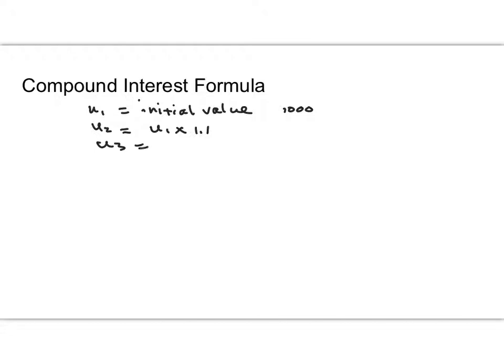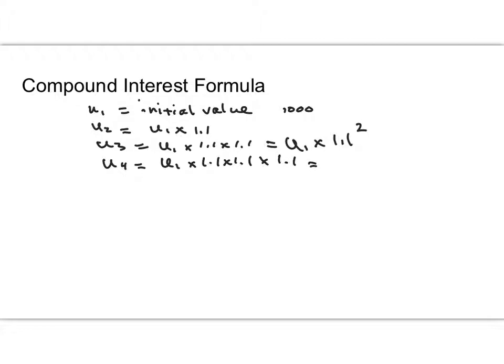My third term was the first term times 1.1 times 1.1, which is my first term times 1.1 squared. Then my fourth term is my first term times 1.1 times 1.1 times 1.1, which is my first term times 1.1 to the third.